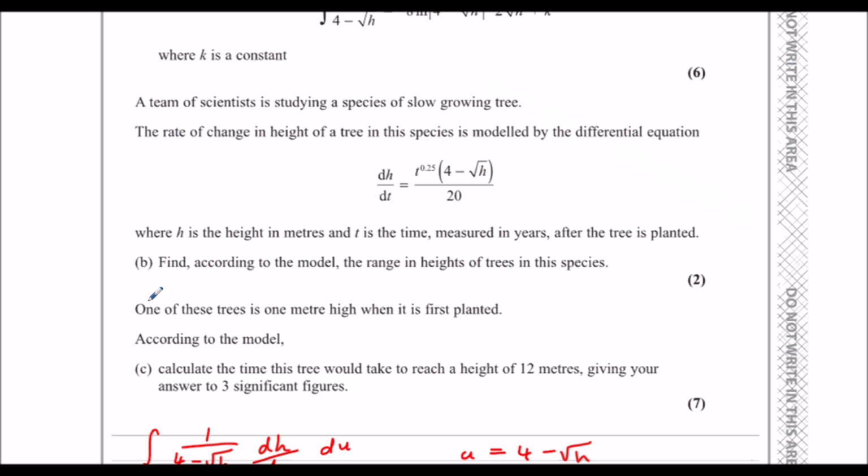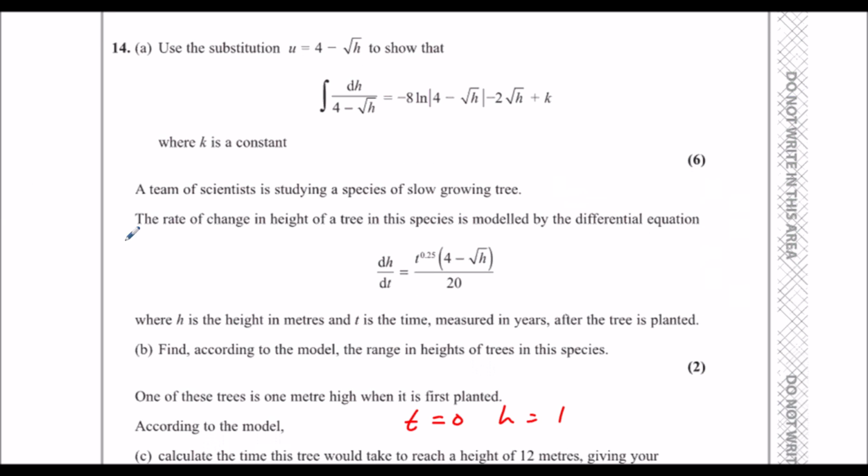One of these trees is 1 meter high when it's first planted. So t is 0, h is 1. Calculate the time this tree would take to reach a h of 12 meters. Give your answer to 3 significant figures. So we're going to be using our part A here.